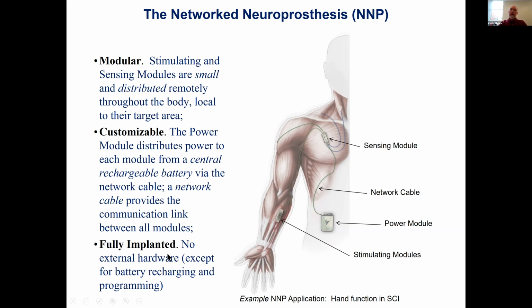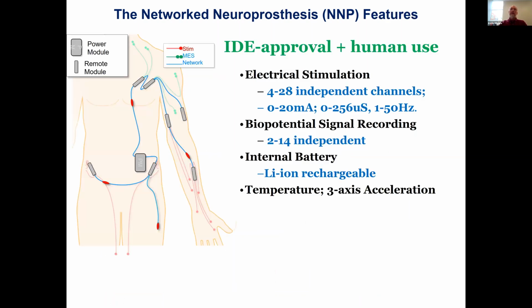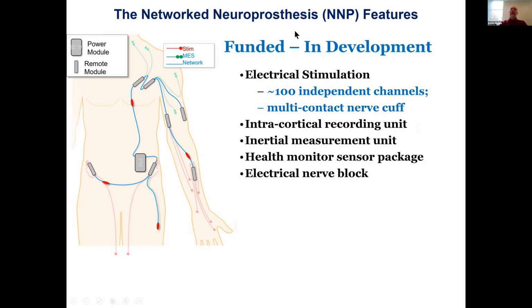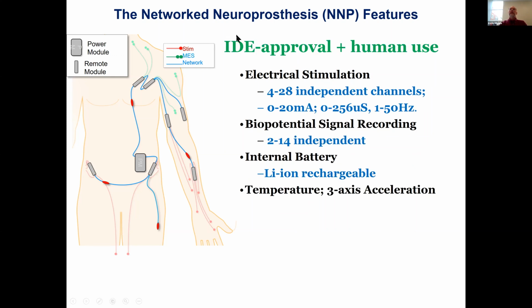And another key thing is that it's fully implanted, meaning both the powering and the processing capabilities are all inside the body. And that's an important feature for us and for a lot of applications. The most important feature of the NNP right now is that we already have an investigational device exemption, an early feasibility IDE, approved from the FDA, and it's already been in human use.